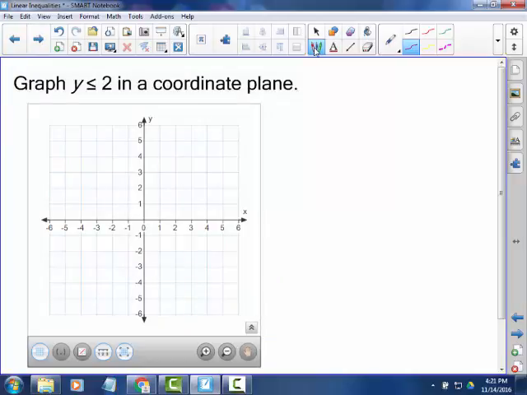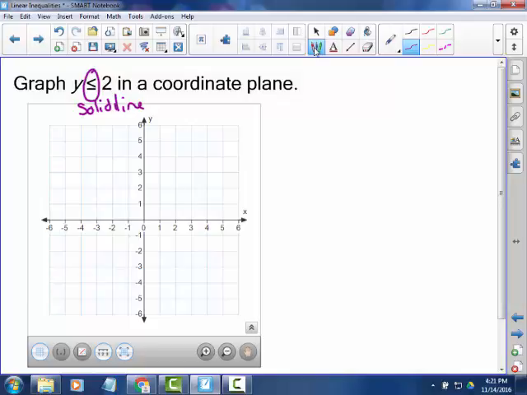Okay, so we're going to graph y is less than or equal to 2 in a coordinate plane. So y less than or equal to, that symbol they told us previously would be a solid line. And we need to graph like it's y equals 2, only difference would be if it wasn't a solid line, we'd do a dashed line in the same place.